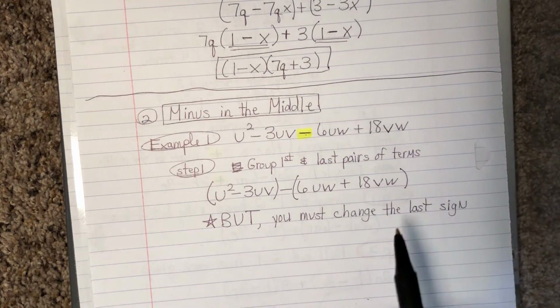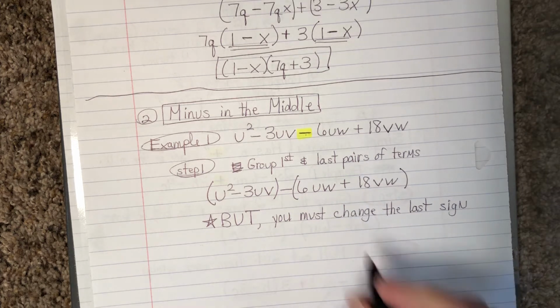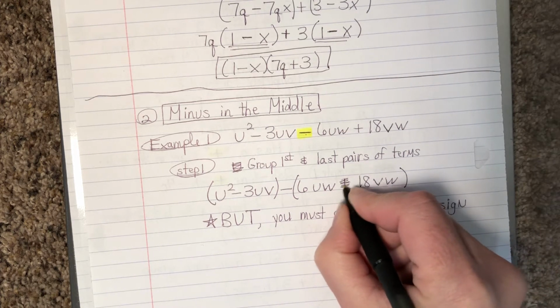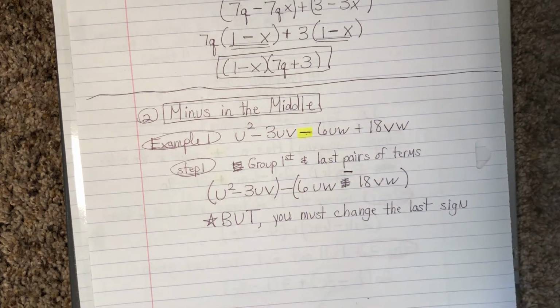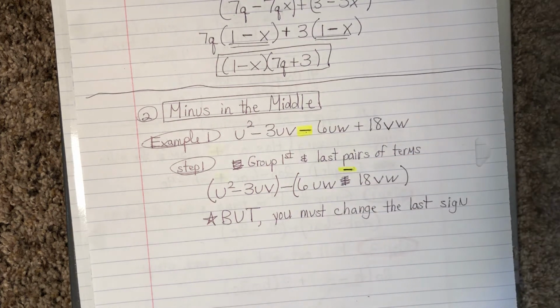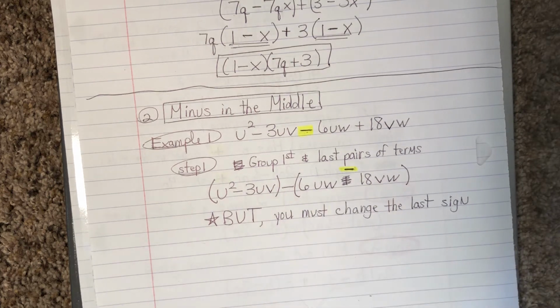And I mean, change the last sign to the opposite of whatever it is. So if it's positive, you're going to make it negative. If it's a negative, you're going to make it positive. In this case, it's positive. I'm going to make it negative. So minus in the middle. You group just like normal, but you have to change the last sign.